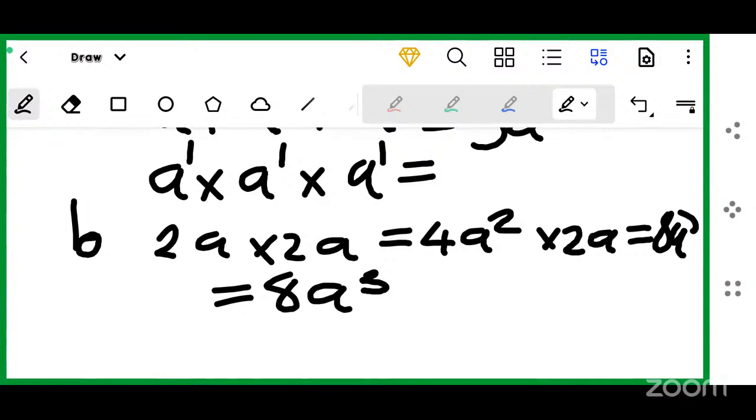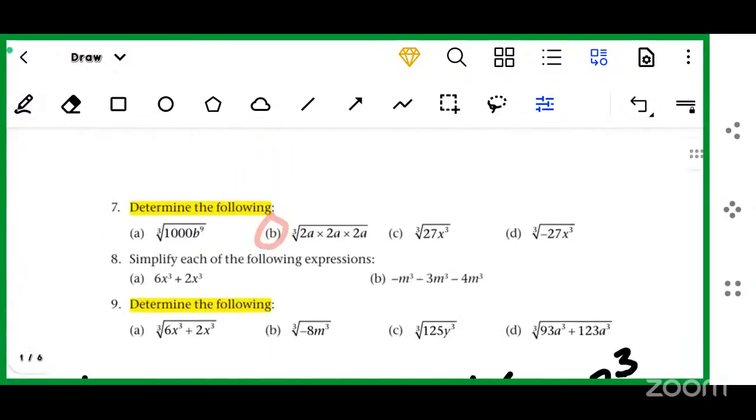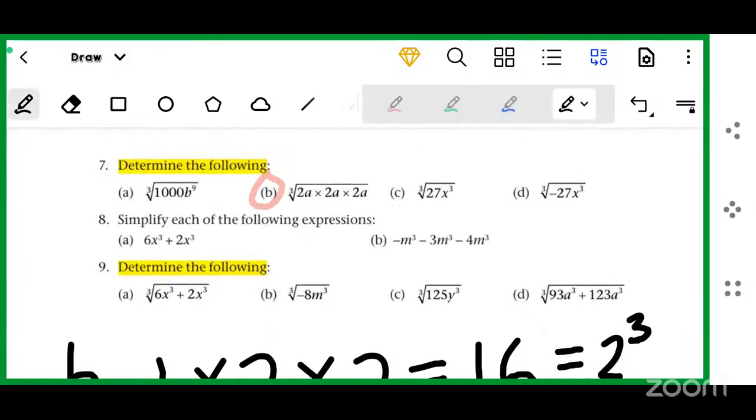Yeah, you can carry on. Remember, ma'am, the question was like this. It was the cube root of 2A times 2A times 2A. What we've done so far, we multiplied the twos. Okay.